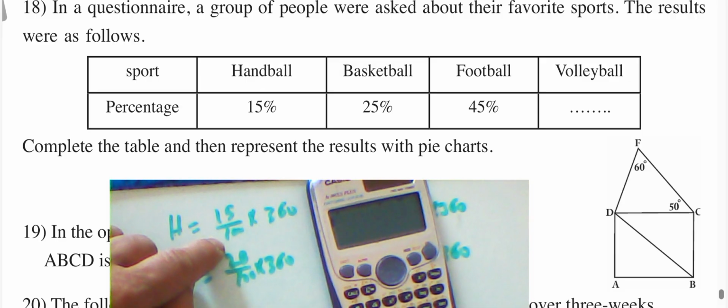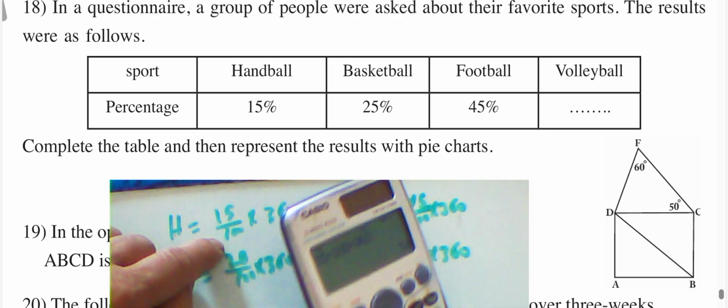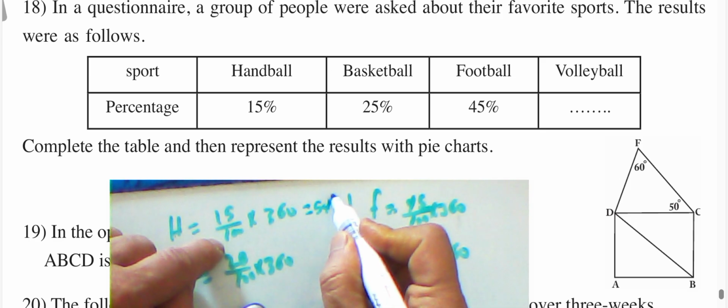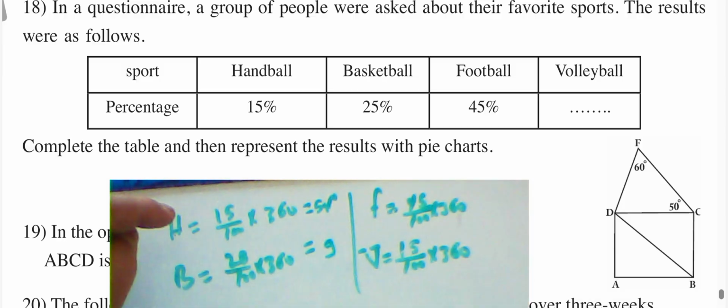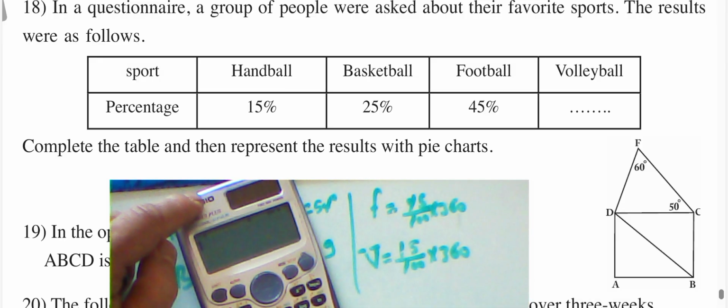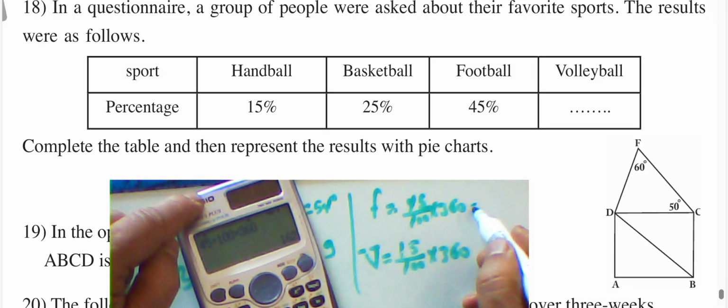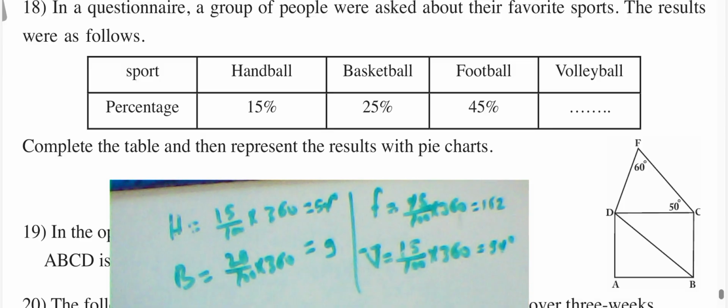Calculating, 15 over 100 times 360 equals 54 degrees. For 25, it will be 90 degrees. And 45 over 100 times 360 equals 162 degrees. And 15 over 100 times 360 equals 54 degrees.